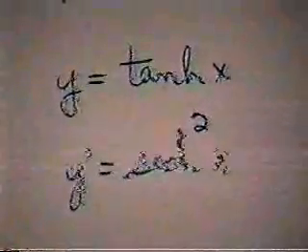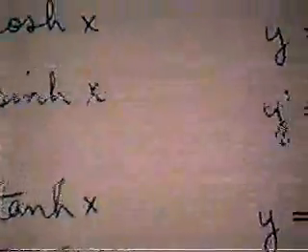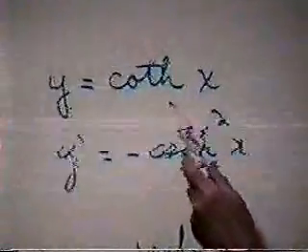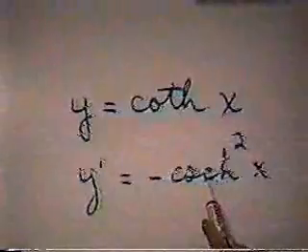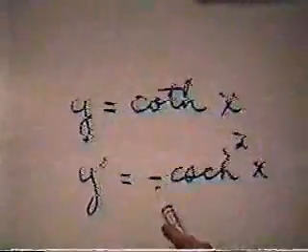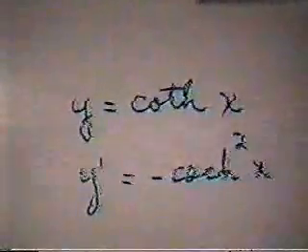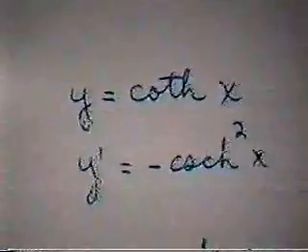All right, let's look at the last three now, looking at cotangent. Again, just like before, the derivative of hyperbolic cotangent is minus hyperbolic cosecant squared. All right, the next one.